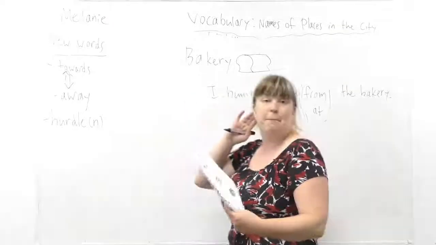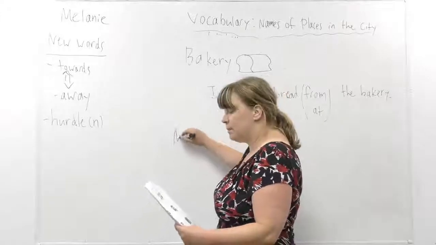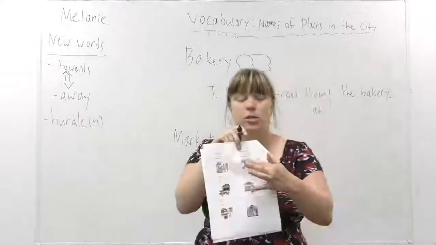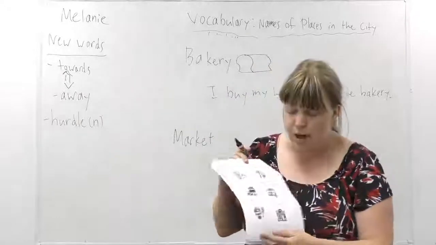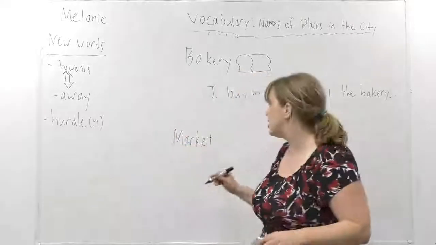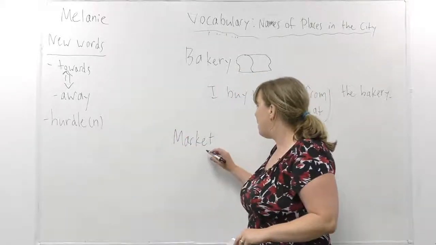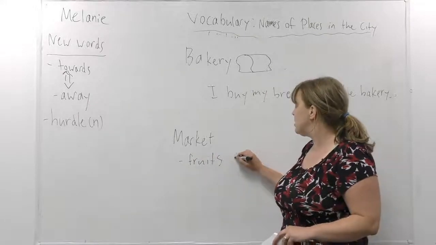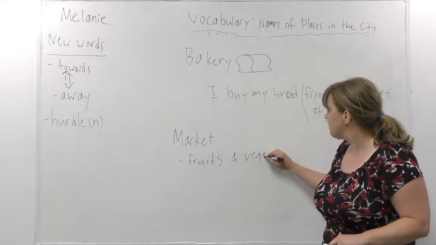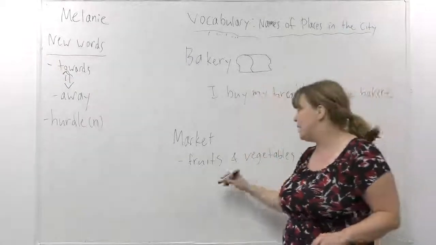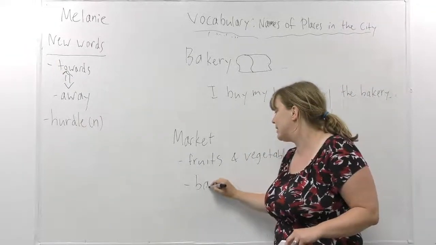Market. Okay, market. So the market, this is similar to supermarket, but when we talk about the market, usually it's smaller than the supermarket. So a market usually sells maybe some fruits and vegetables, and maybe it'll even sell some baked goods like bread.